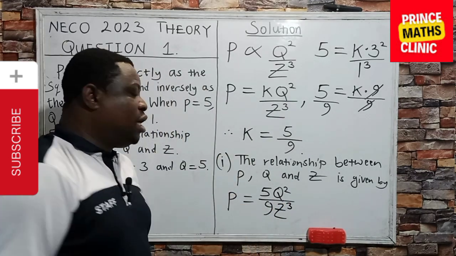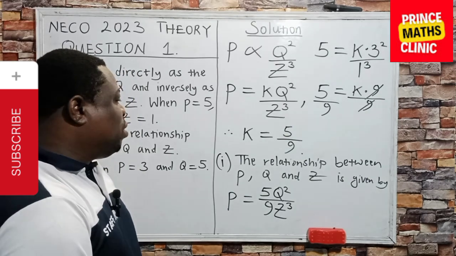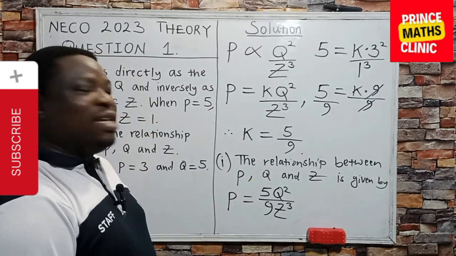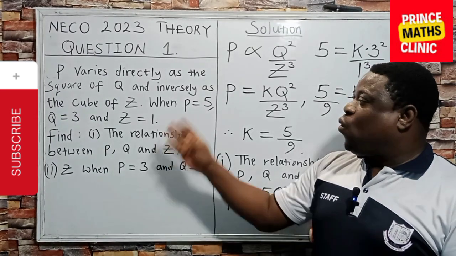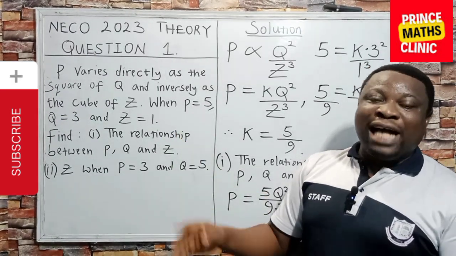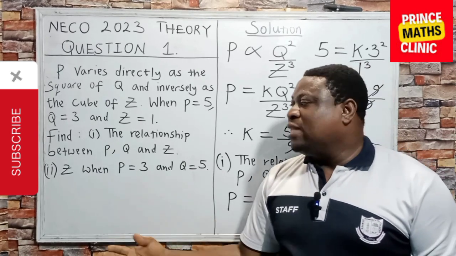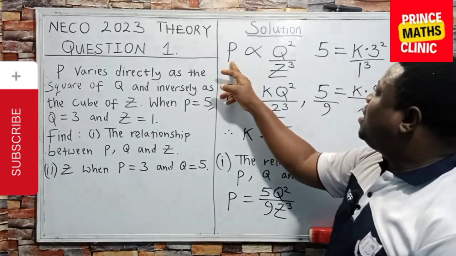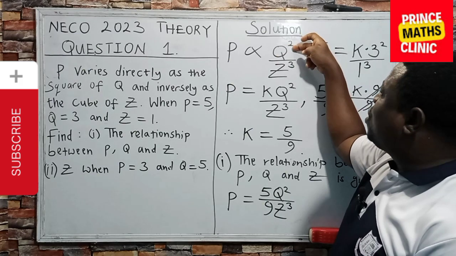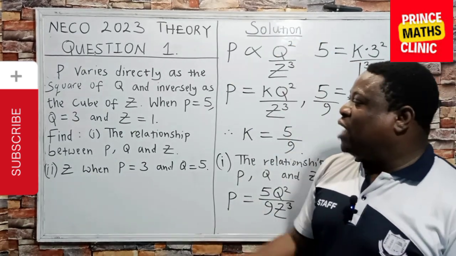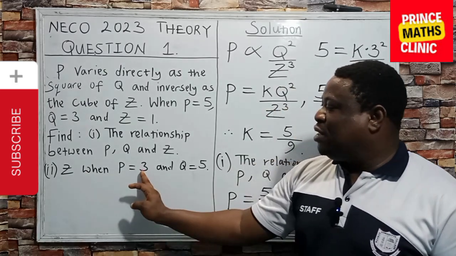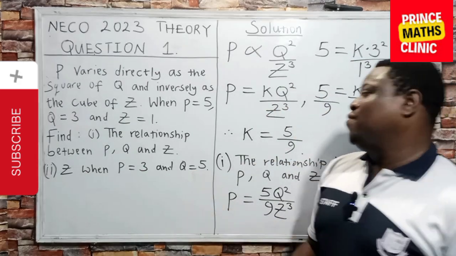So this is the relationship that exists between P, Q, and Z. Usually, the question that will follow any question like this would now ask you to look for one of either this P, this Q, or this Z. In this case, we are asked to find Z when P is 3 and Q is 5.